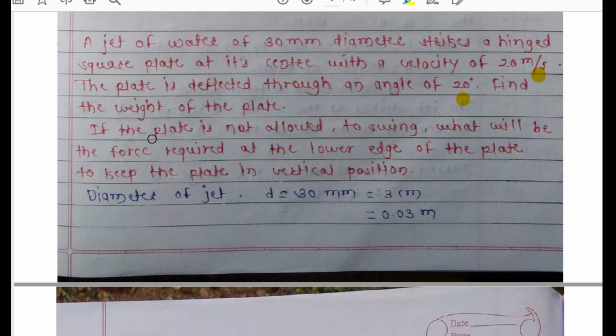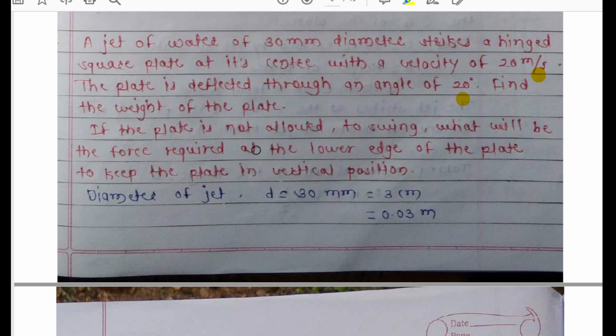Now, secondly, if the plate is not allowed to swing, what will be the force required at the lower edge of the plate to keep the plate in vertical position? Here, what is the second condition? When the plate is struck by the jet, obviously it will move.